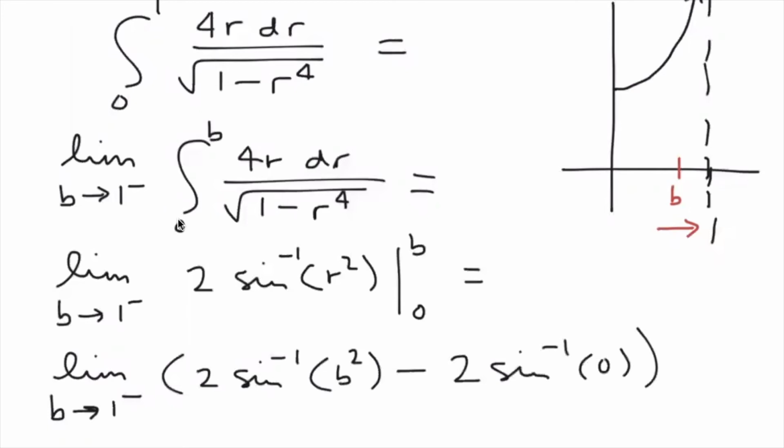So the limit of this piece right here is going to be the inverse sine of 1, which is pi over 2, right? So this thing comes out to 2 times pi over 2. And the inverse sine of 0 is 0, which makes the value of this integral equal to pi. So what we say is that this improper integral converges and its value is pi.